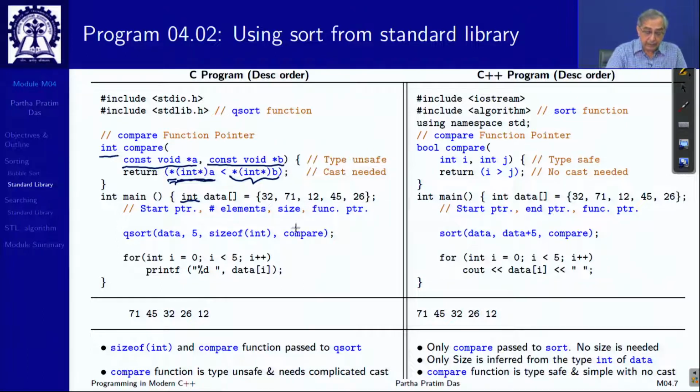So, using that, now we pass that function pointer, and as you know, for a function pointer it is not necessary to take the address. So, I can just write the function name. Alternately, I could have written ampersand compare also, both of them would be correct. So, now quicksort knows the array, the number of elements, the size of every element to stride, and the comparison function, and with that quicksort will be able to sort this.